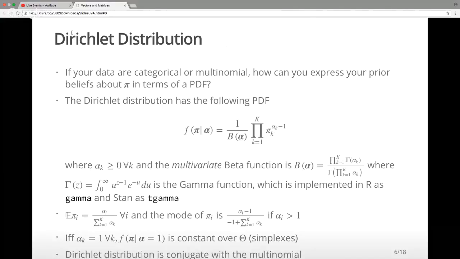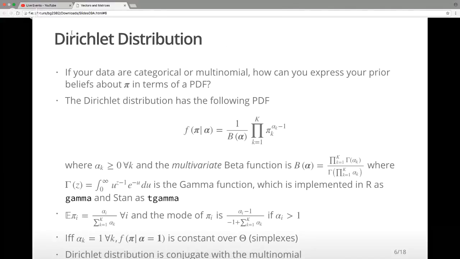The hyperparameters alpha are constrained to be non-negative. The multivariate beta function can be written in terms of the gamma function that we're already familiar with. Of course, this distribution, however it's pronounced, is already implemented in R and Stan, so you don't need to literally write out this formula itself.